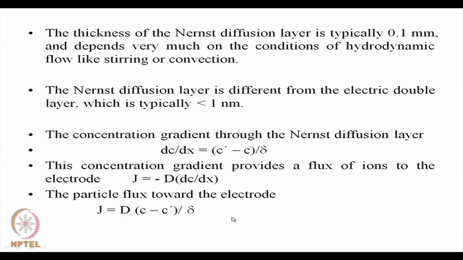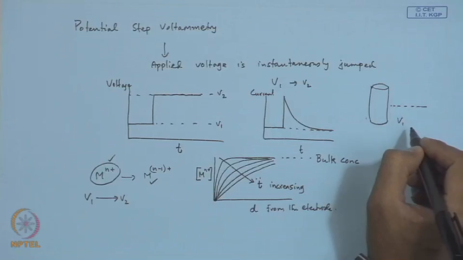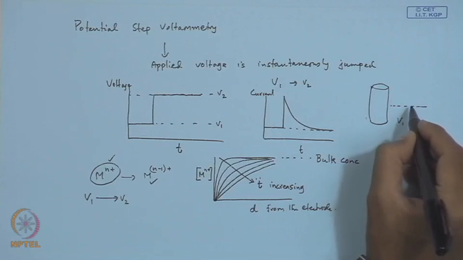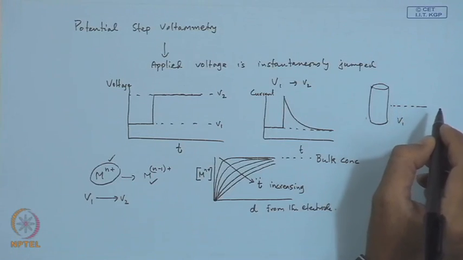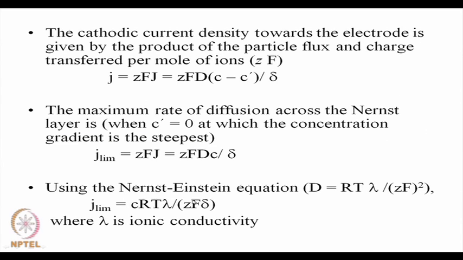So, the particle flux towards the electrode is given by J equal to D into this, which I already told you. The process is rate limited by the diffusion of the ions, and this particle flux can be expressed in this way.